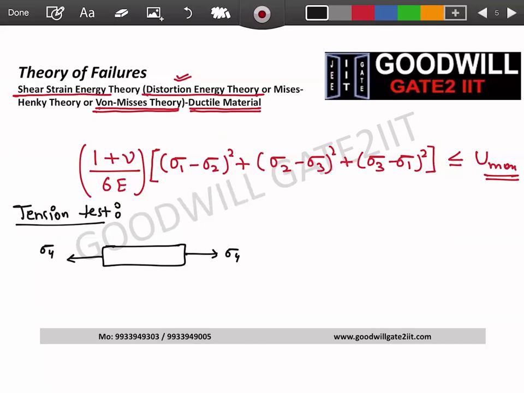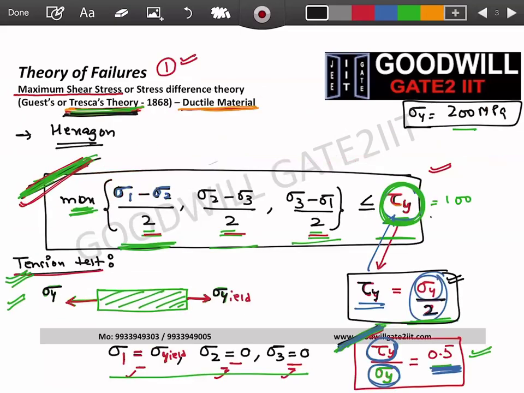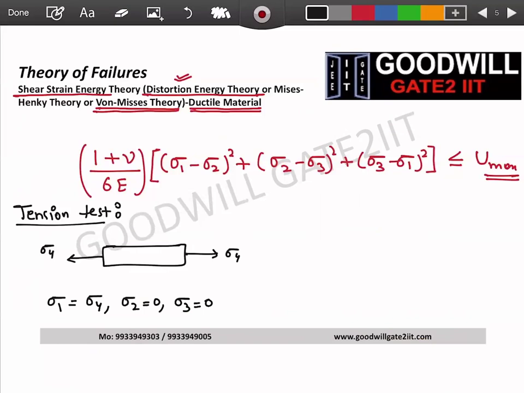In this case, my sigma 1 is sigma y, sigma 2 is 0, sigma 3 is 0. So I have not done anything fancy, I am doing exactly the same test. But now I take these stresses and, rather than applying them to Tresca, I apply them to von Mises. Let's do it. Tell me what you will get.